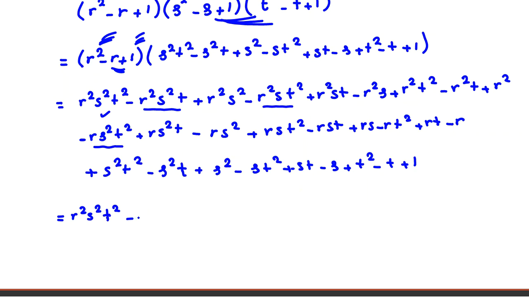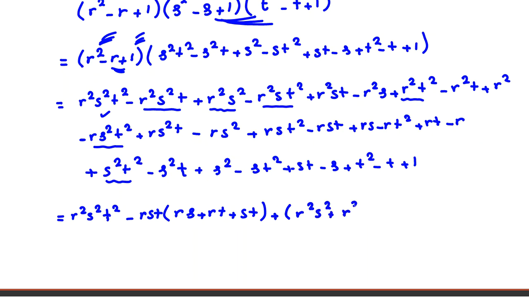If we factor out negative rst, then we have r, let's see, rs in the first one, next one rt, and last one st. We consider that. And then r squared s squared, r squared t squared, and s squared t squared, so plus r squared s squared plus r squared t squared plus s squared t squared.